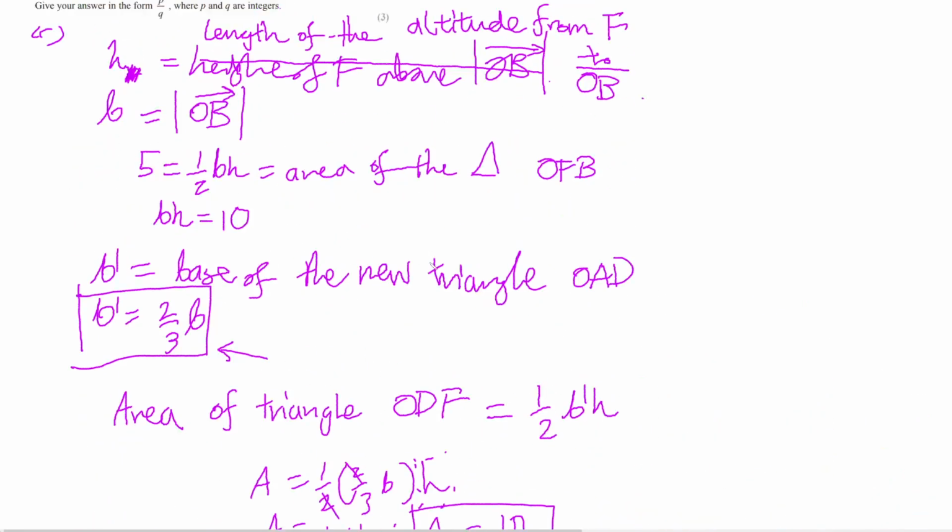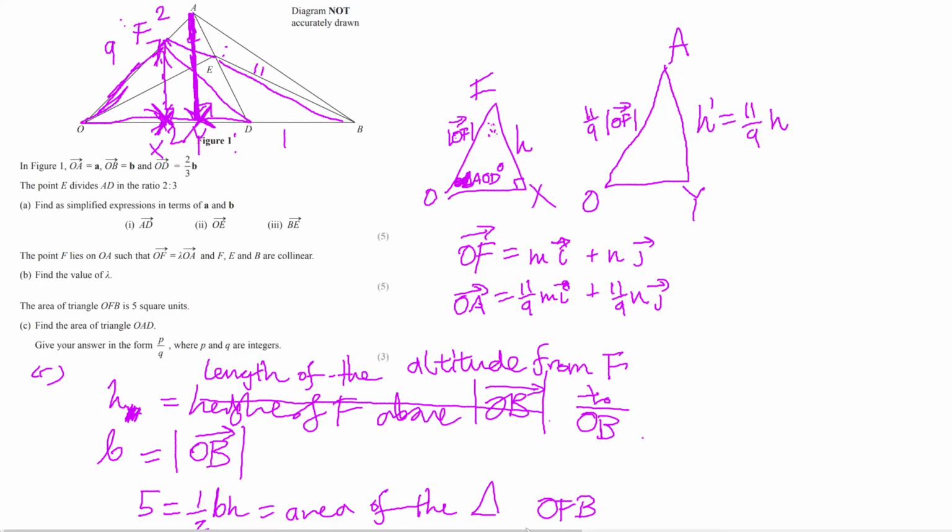So, in essence, the way I'd like you guys to think about it, because it's the kind of question that with enough experience you can get so fast at that it's basically free, because it involves manipulating the triangle in your head. You're so familiar with these ratios already, because you've worked with them throughout the entire question, that it should be easy enough to just imagine this triangle OFB in your head, and then imagine it morphing into OFD, and correspondingly decrease the area by the amount, so 5 times 2 over 3.